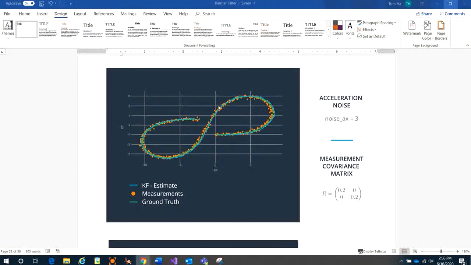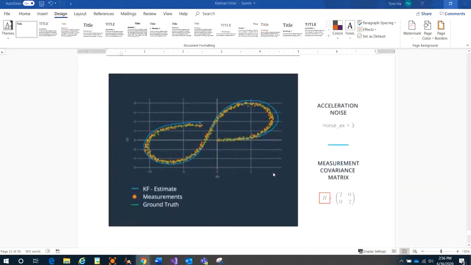And there's another green one, which is the real path of the detected object. They go like this. The Kalman filter estimate matches really close to the real path, right? So what happens if the measurement covariance matrix increases? It means the sensor had error or a big uncertainty from the manufacturer. You see, the Kalman filter estimate is not correct anymore when we increase the uncertainty value of the equipment. That's the first thing I want to mention about the result.